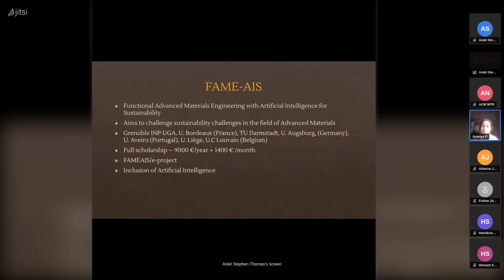These are the 2 universities that you'll get to choose for the first year. And I chose Grenoble INP because it had really good courses for the first year. The second year hasn't been allotted yet. It will be allotted in the second semester, and I'm aiming for TU Darmstadt because, again, they have a lot of electives in material science, and very diverse.